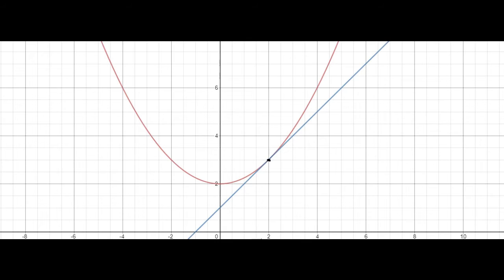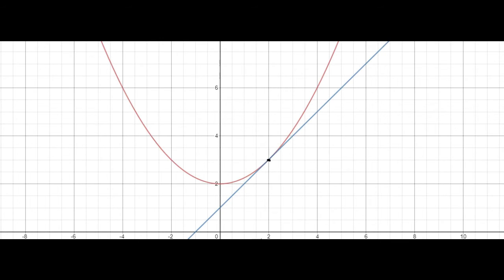So we know that this is the tangent line to the function at x equals 2. Every single x value has a tangent line, but this is the one at x equals 2. This is just a basic line, so the slope of that line would be the derivative of the function at x equals 2.